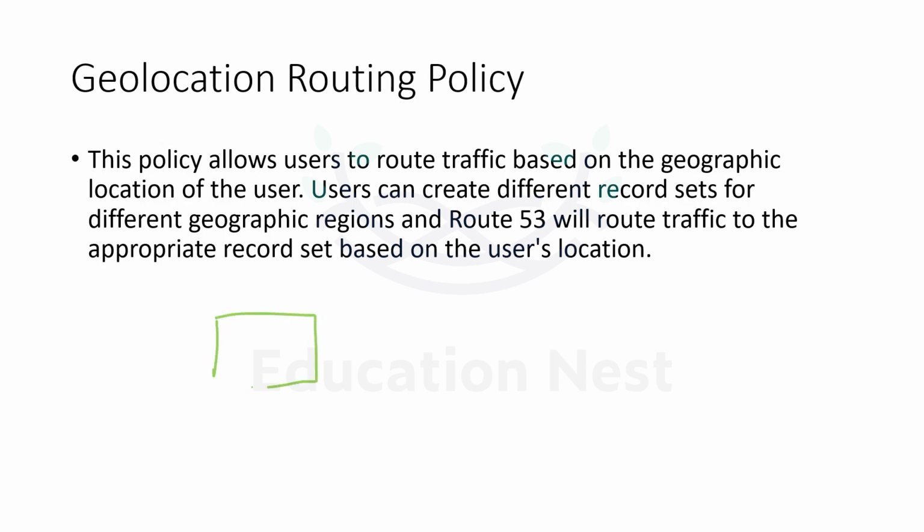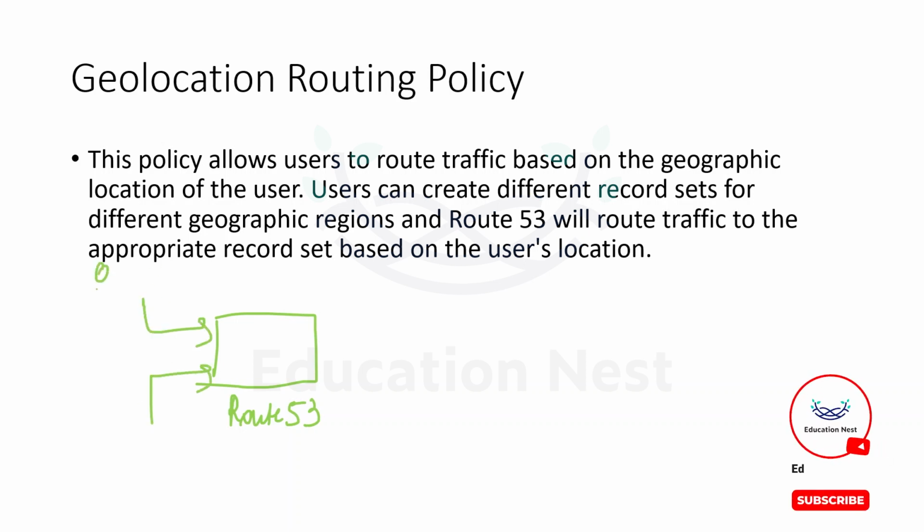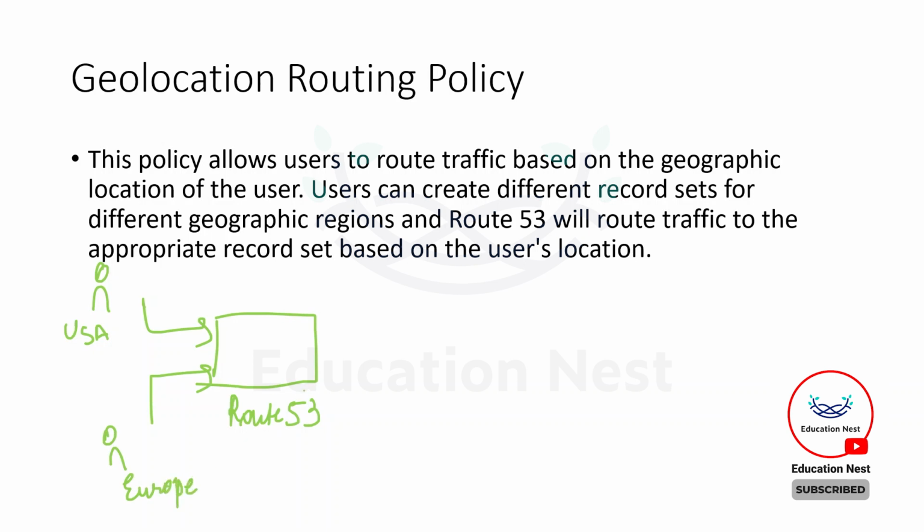Let's say I am having my Route 53 over here, right? We have two queries coming in. The first query is from USA, another query is from Europe. Okay, then what will happen over here is I have two environments running.